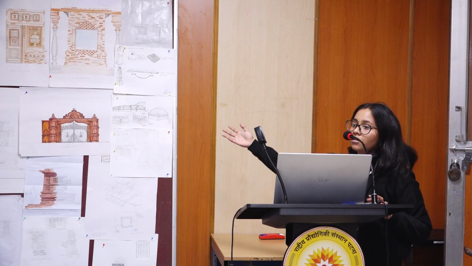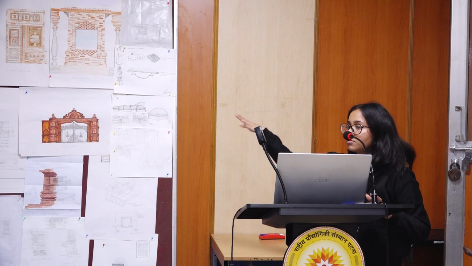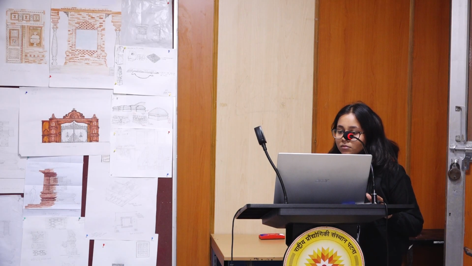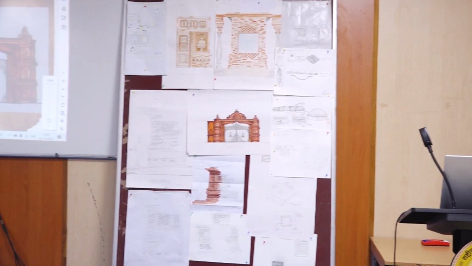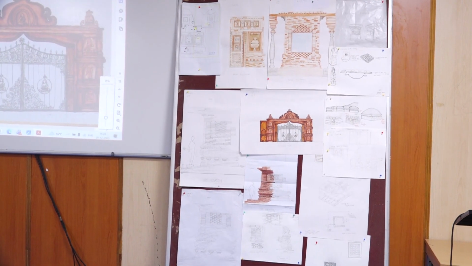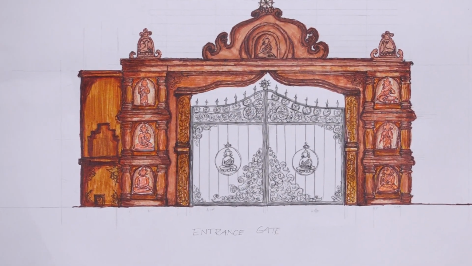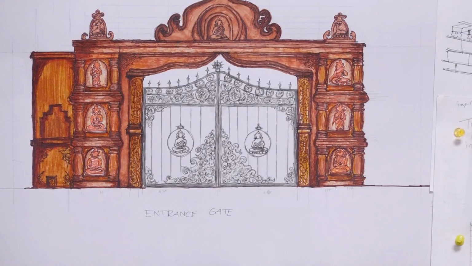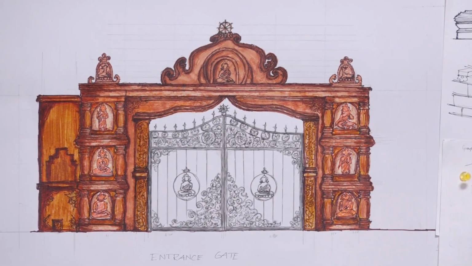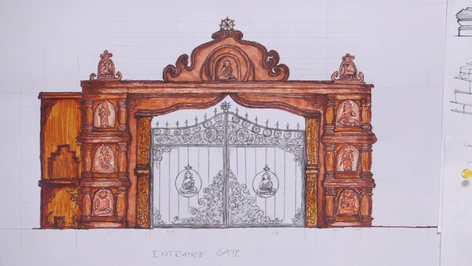So this is the central iron gate, which is designed with intricate scrollwork inspired by traditional metal craftsmanship, allowing visual permeability while maintaining a sense of enclosure.